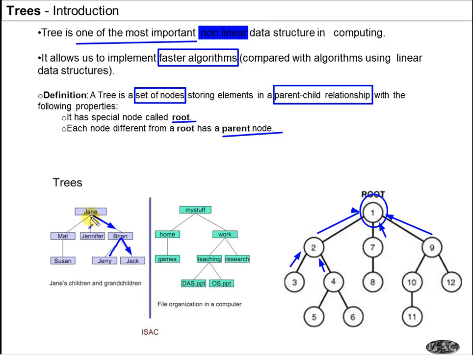Another is the organizational structure: a CEO, below that vice presidents, who will have assistant vice presidents, associate vice presidents, and directors. So a lot of real life structures of information require a tree kind of data structure to store the data and information for us.